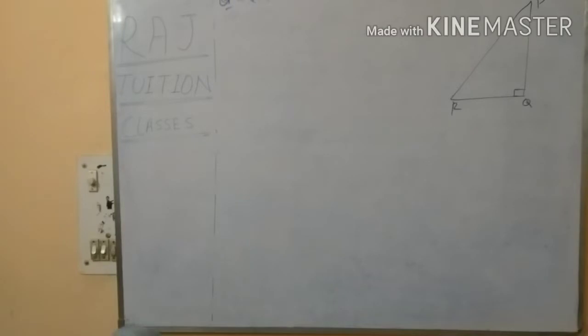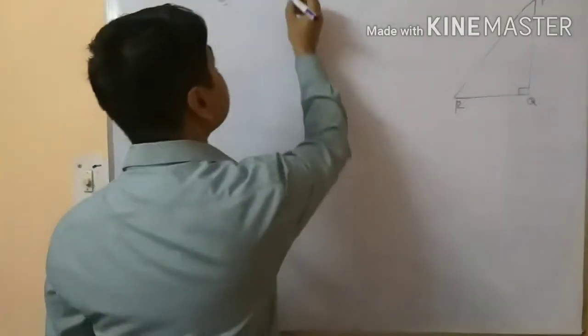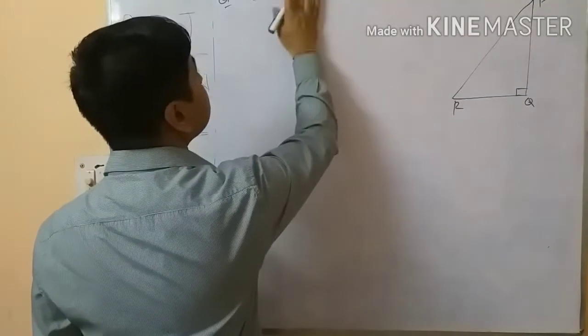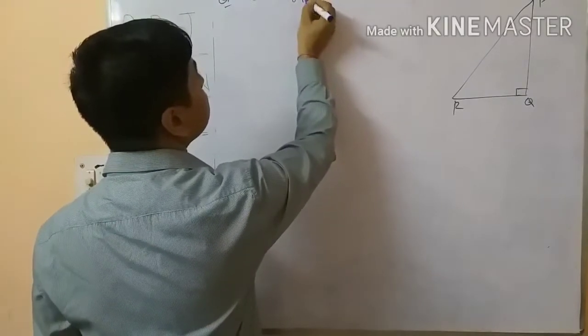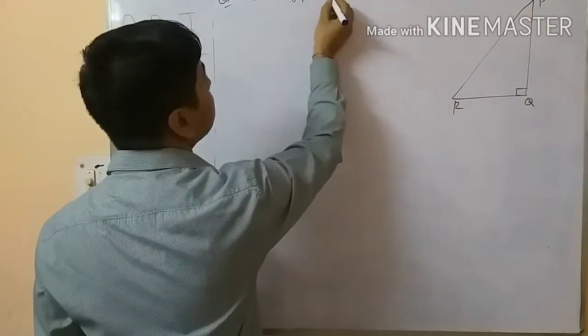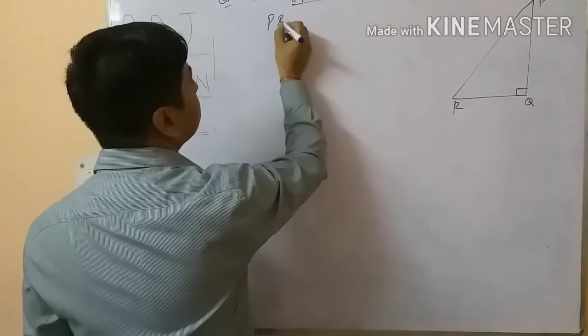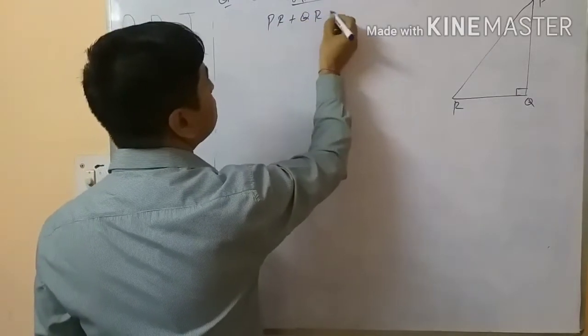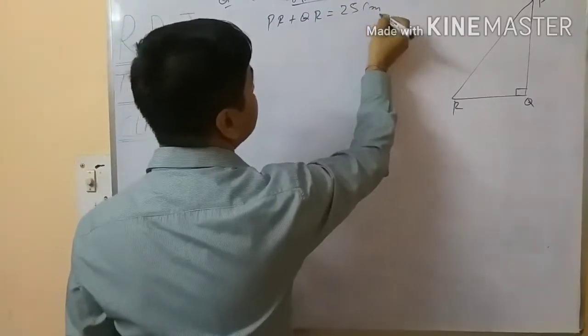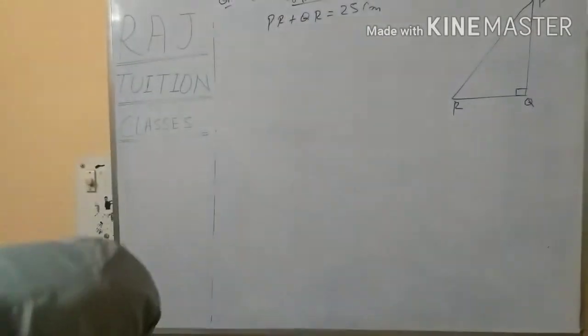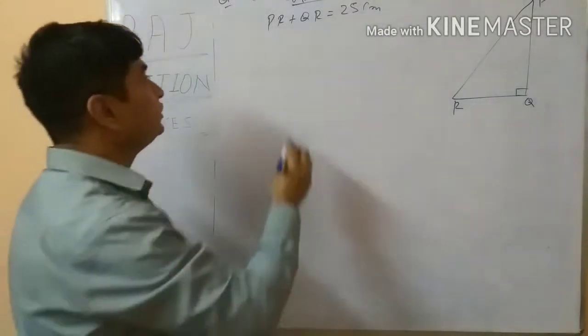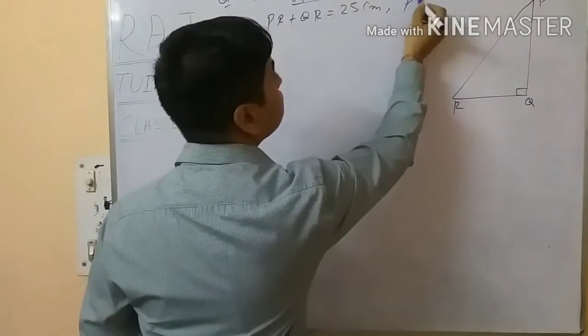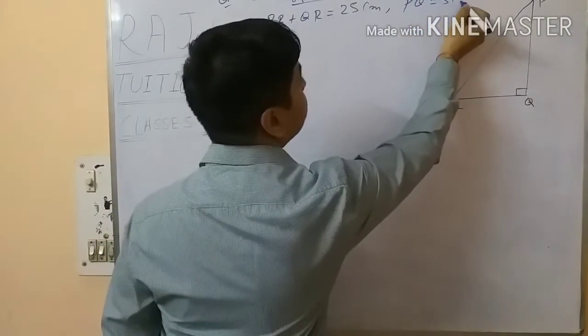What is more information? PR plus QR equals 25 centimeters. PQ is 5 centimeters.